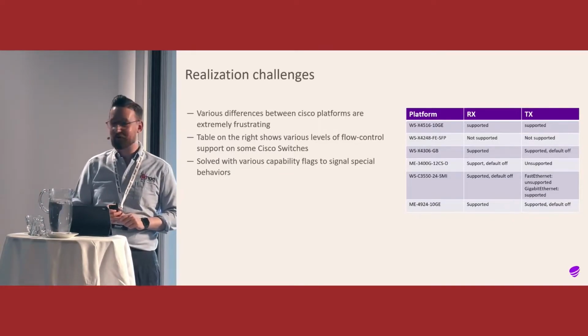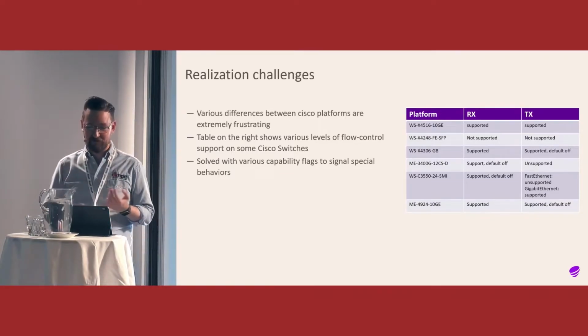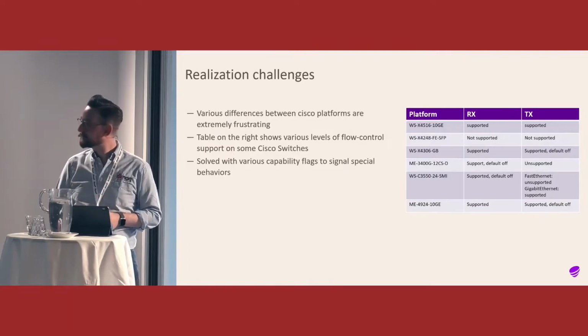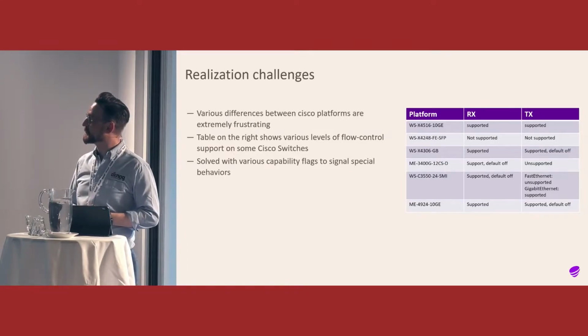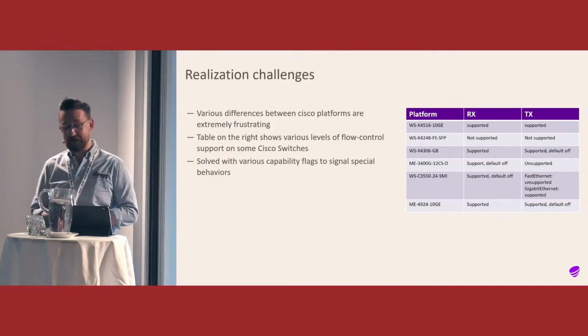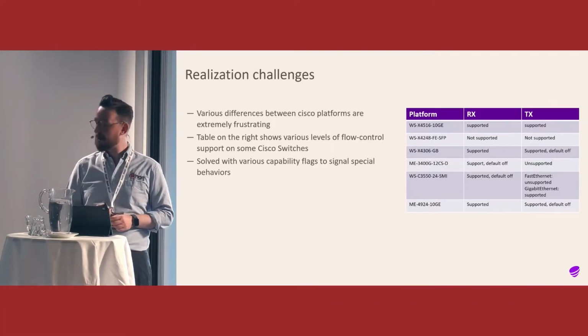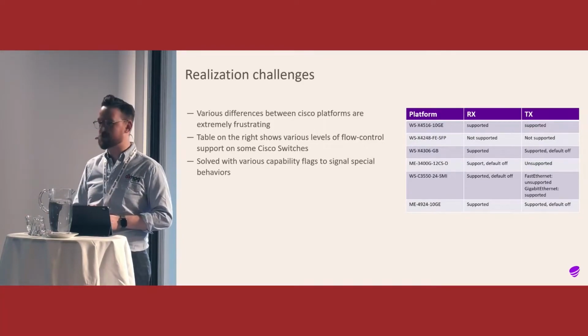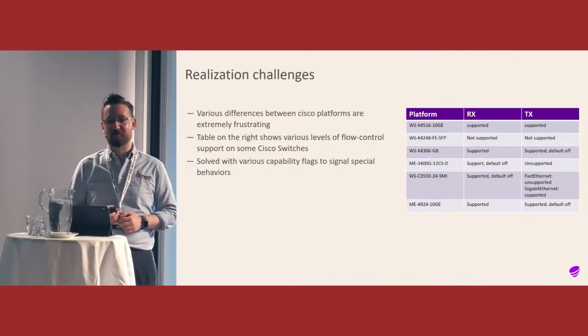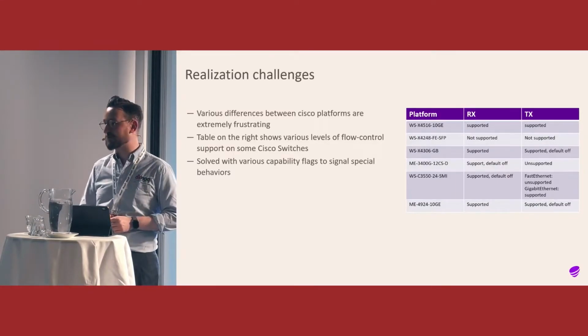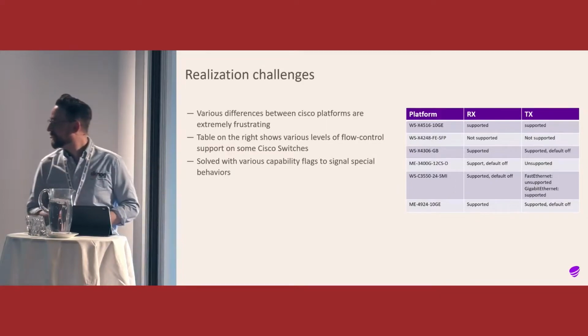If it's unsupported, the command doesn't work, it causes an error, and your service provisioning will fail. If it's supported but with a default value, it means you can push that command, I don't know how many times, to the device, and it will never show up in the config. That's also frustrating for automation, especially if you want to see if your service is in sync or not.